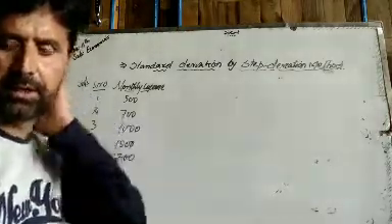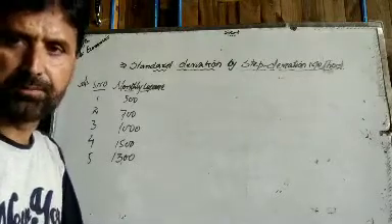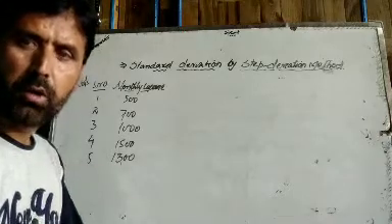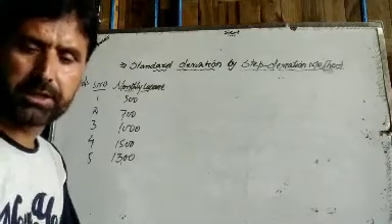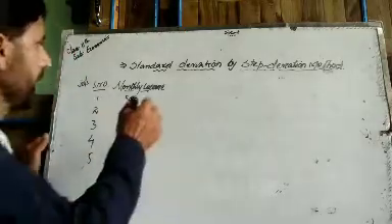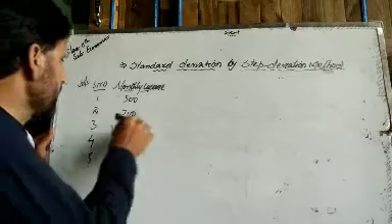Now, the deviation from the assumed average. What is deviation? I have already told you that deviation is the difference. Here, the assumed mean is 1000.